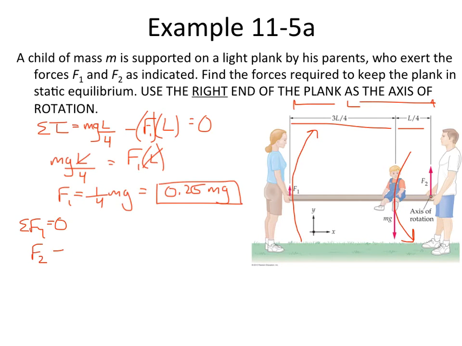All right, the child, mg, is going to be acting downwards. All right, and the woman, her force 1, is going to be acting upwards. All right, and that all has to equal 0 because we said it's static equilibrium. It's not moving in the x or the y or having any torque.